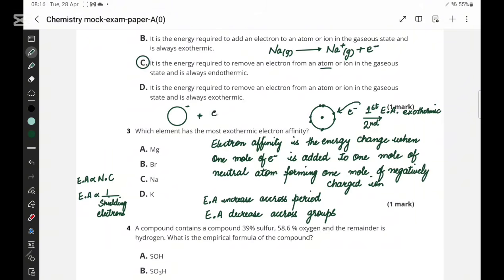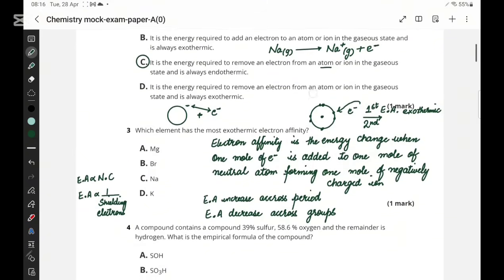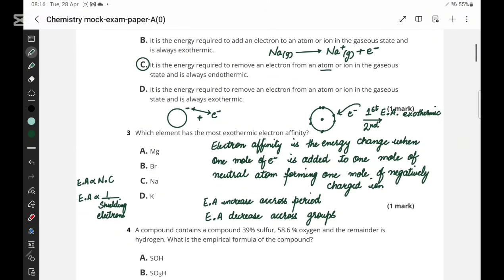And when an electron has been added, there is a force of repulsion present between them. And when there is a force of repulsion, you need to provide energy so that this force of repulsion can be overcome. So second electron affinity is going to be endothermic.